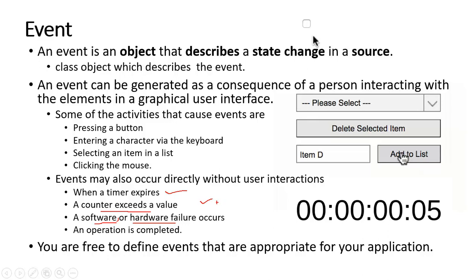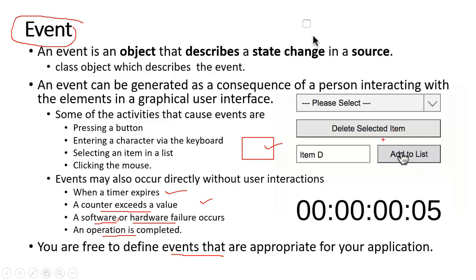An event can also occur when some operations are completed. For example, your program or your module has performed something, and it can fire an event saying that I have completed some work.